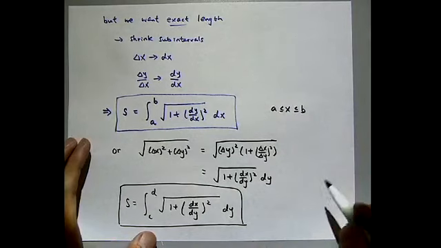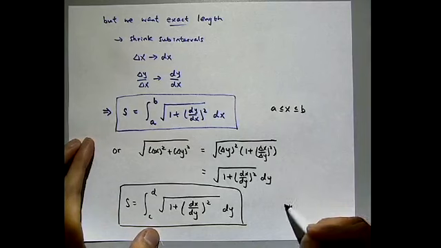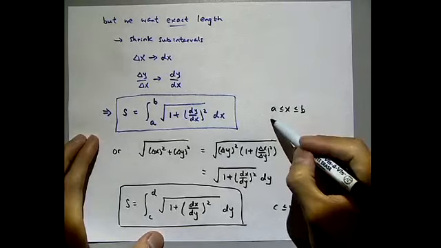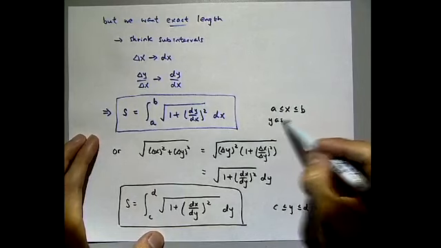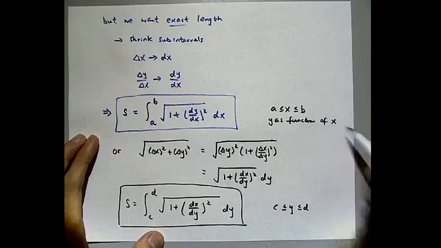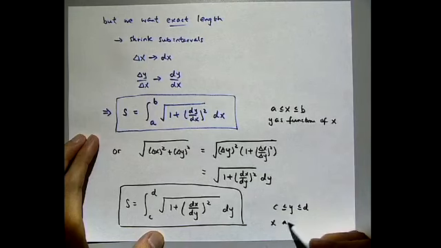The second one is the case when we're integrating y instead of x. And I'll show you an example of each. So y as function of x. And here, x as function of y.